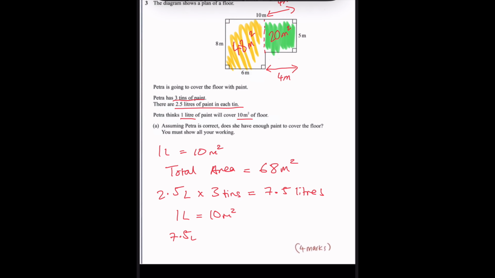So from here to here, I multiply by 7.5. So to work out the area I can cover, I'm going to times this by 7.5 as well. So 7.5 liters will cover 75 meters squared. Okay, 75 meters squared worth of paint is greater than 68 meters squared that she has to cover. So the answer is yes.